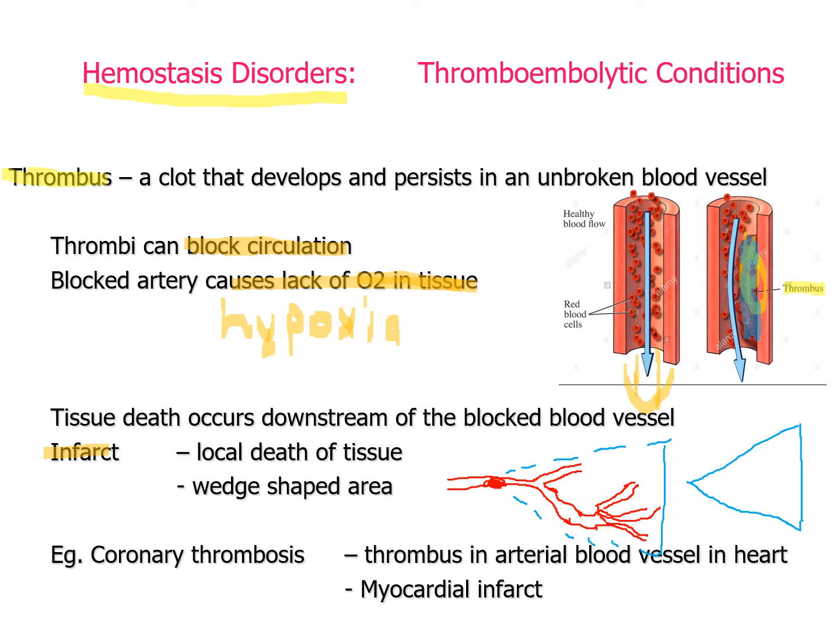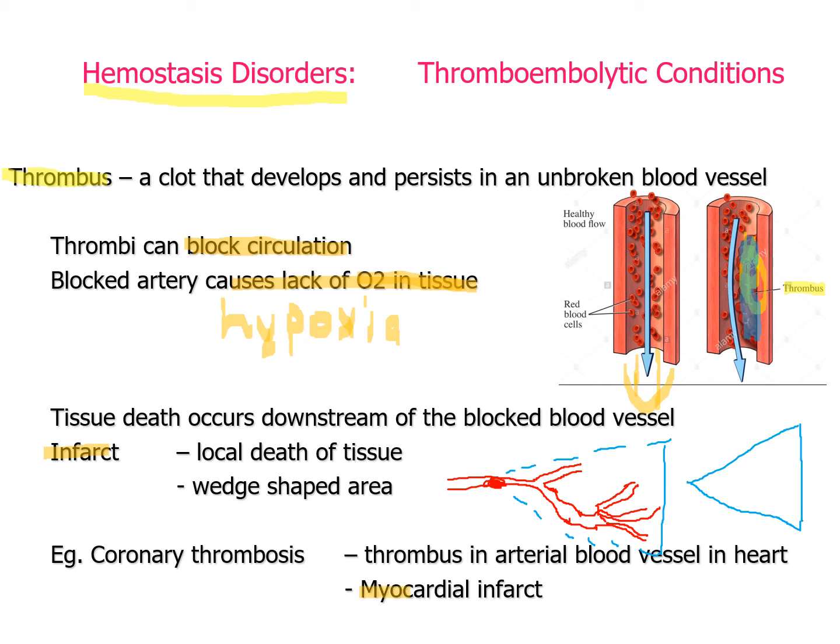right? Now in the heart, if you get a thrombus formation in a part of the coronary circulation, the arteries in the heart, you will get an infarct, and in this case, because it's in the heart, all these words have clear meaning.